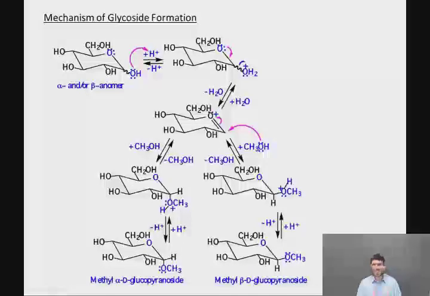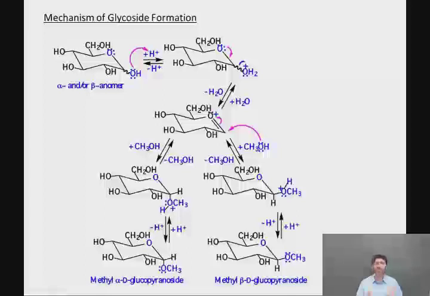Okay, this mechanism should be fairly familiar to you because it is just like mechanisms that we looked at in the first semester when we looked at reactions of alcohols under acidic conditions. The first step is to take the alcohol at the anomeric carbon and protonate it, that's why we need acid for this, to make it a good leaving group. And of course, all of these steps are reversible.